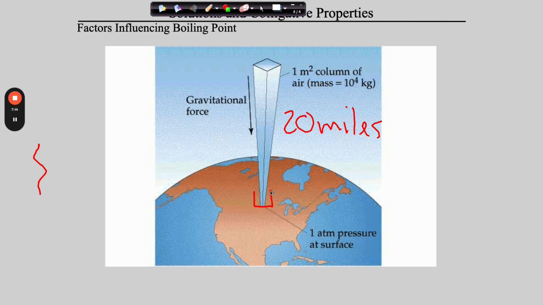Now, let's say we could go up a mile in that column of air. And guys, understand, we're a little below this, but imagine that we could go up to an elevation of 5,280 feet. That's a mile high in elevation. We're more like 4,600 feet, but let's call it the same. Say in Orem, we are a mile up in the atmosphere.